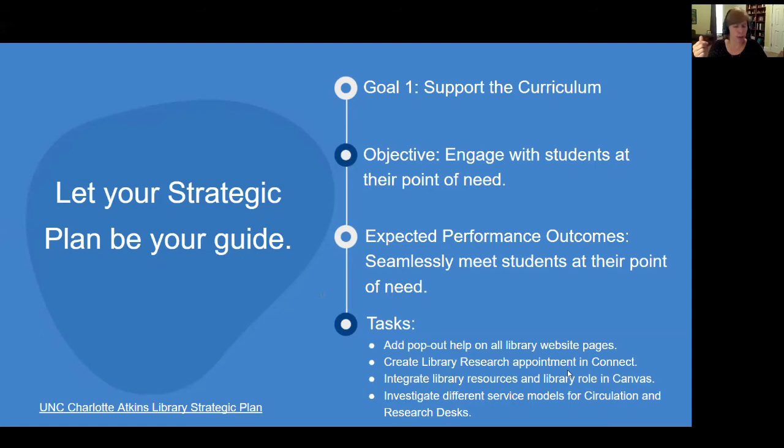So we as a library established expected performance outcomes and associated tasks for how we could accomplish the objective. We decided to focus on the 4 tasks listed at the bottom of this slide to help us reach the objective.